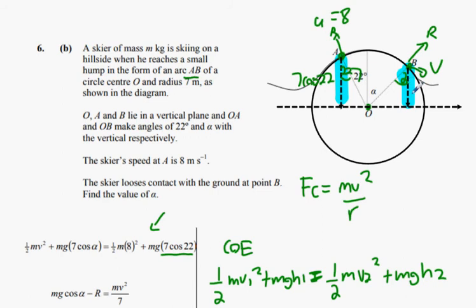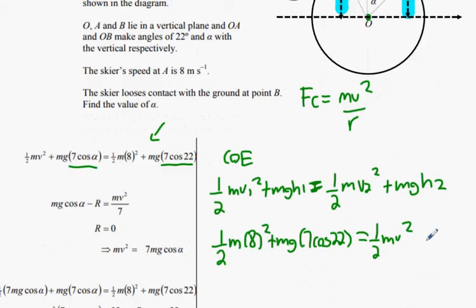Still alpha cos, so it's 7, isn't it? So 7 cos alpha, and there's your first equation done and dusted. So you've already completed the conservation of energy.